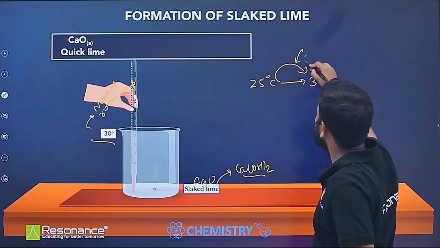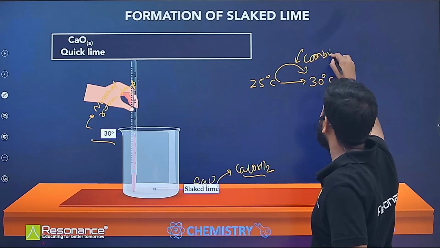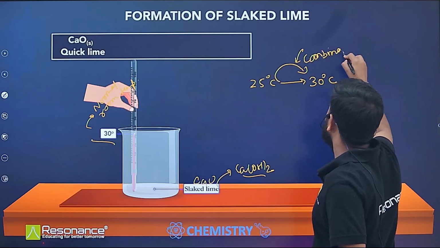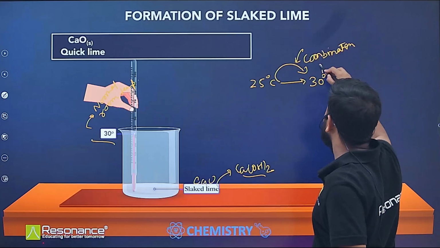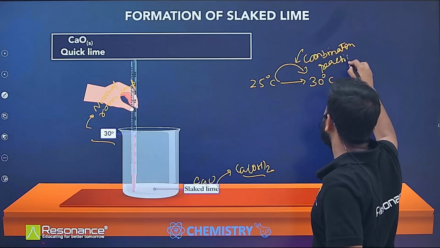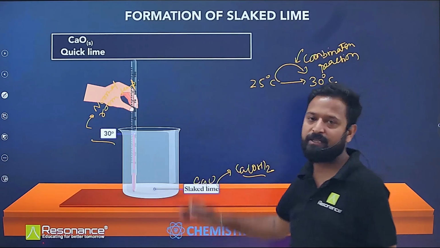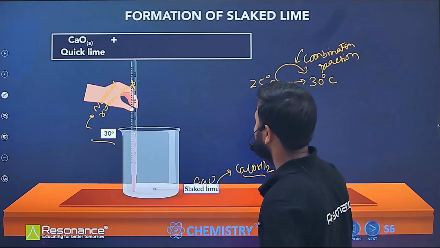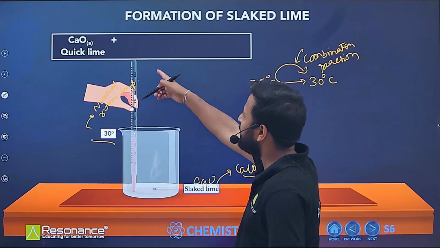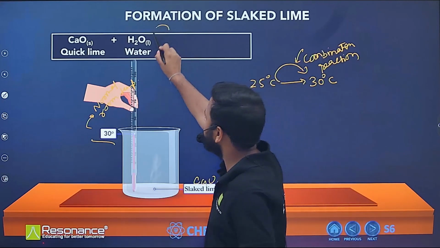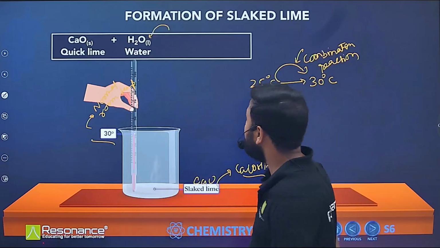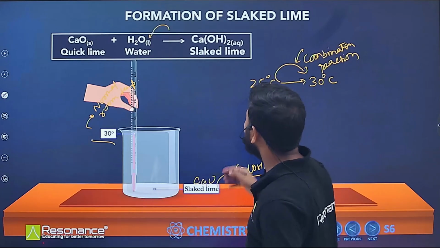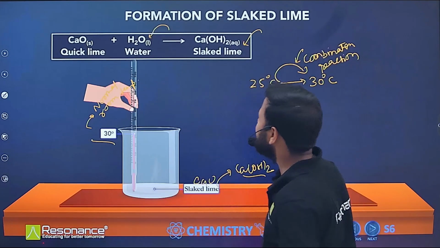So basically a combination reaction is happening. Since some heat is released and the temperature has increased, it is a combination reaction. Calcium oxide was there, quicklime, and then we dipped water into the container and formed calcium hydroxide. So this is the slaked lime.